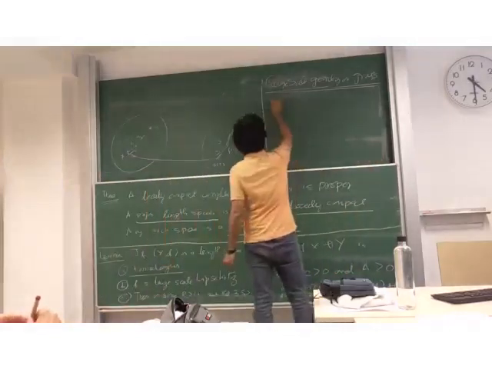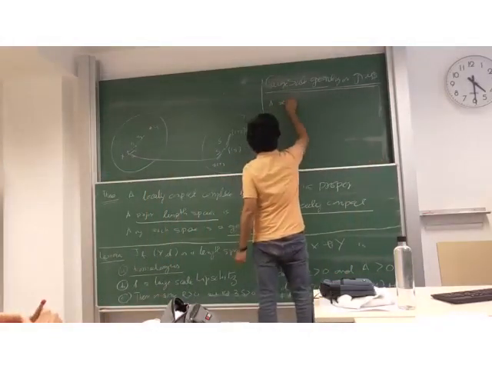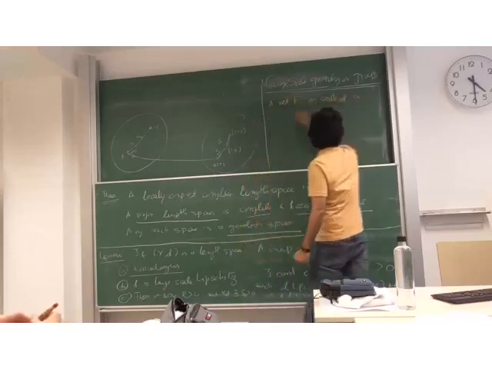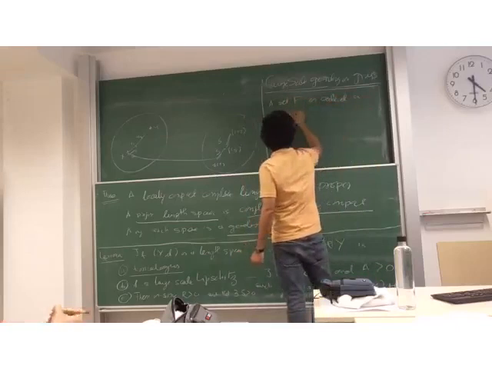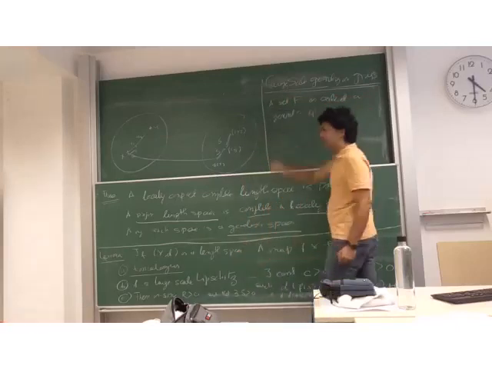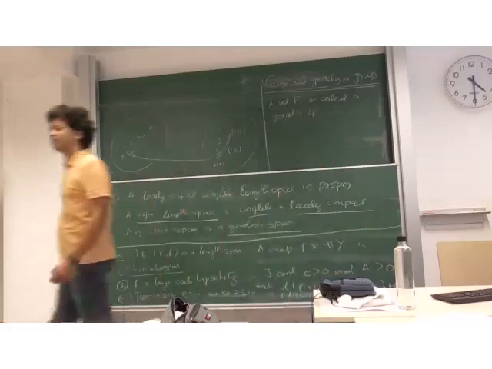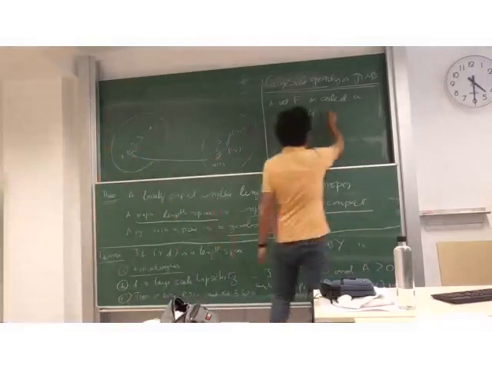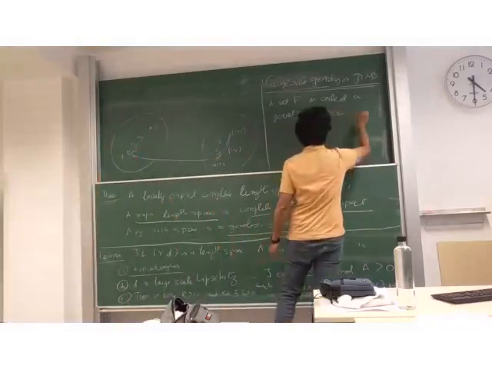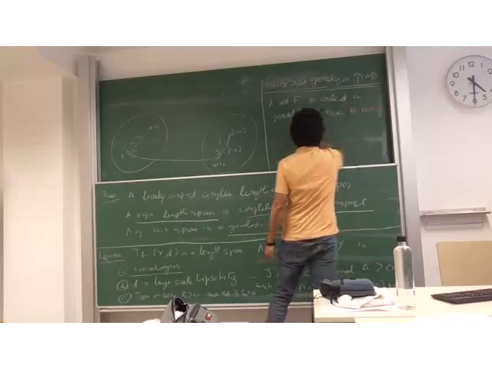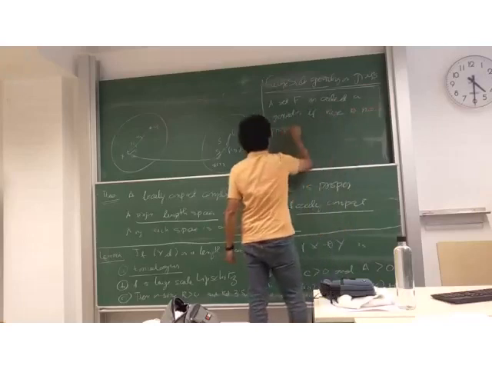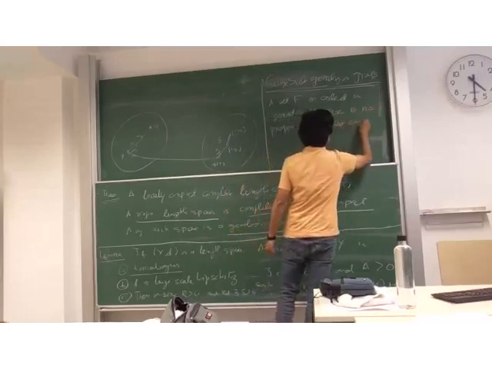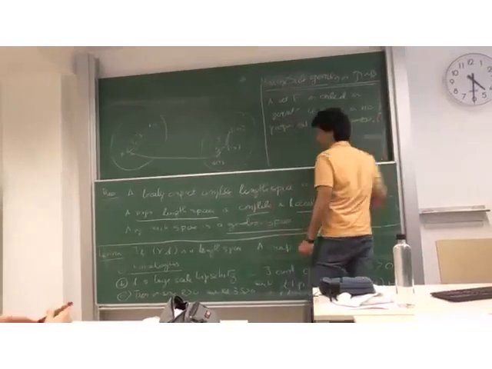So a set F is called a generator if what happens? If there is no proper subgroup, this is the mathematical definition, there is no proper subgroup that contains F.